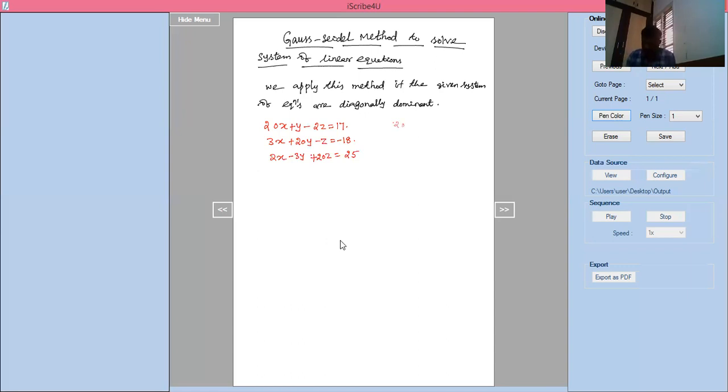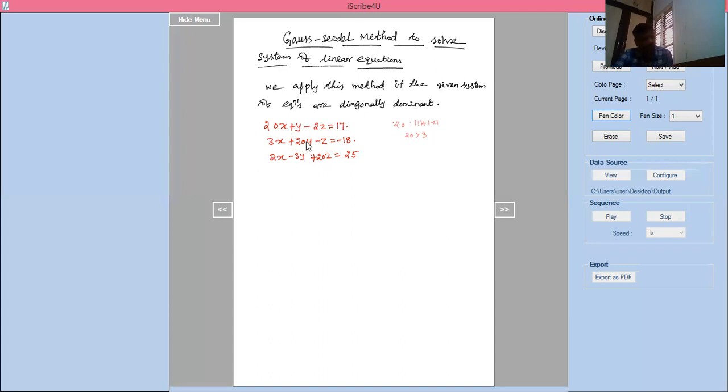If you add the absolute values of the other two elements, 1 and minus 2, the sum is 3. 20 is greater than the sum of the other two elements. Then I can say that this equation is diagonally dominant.